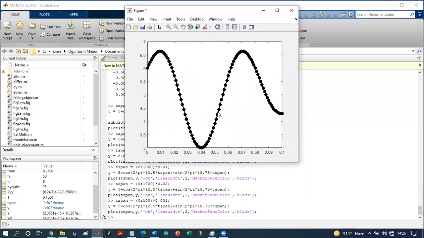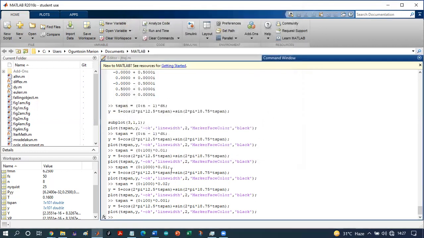This is the actual signal. It's showing that it is continuous. But because we're just using 8 points, it was shown in discrete form.